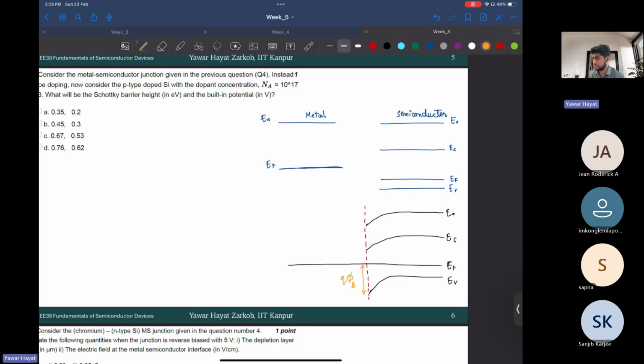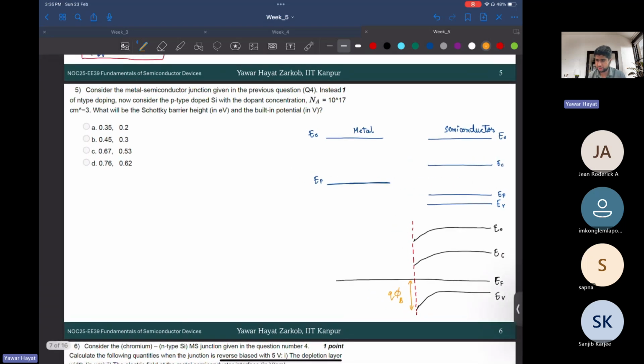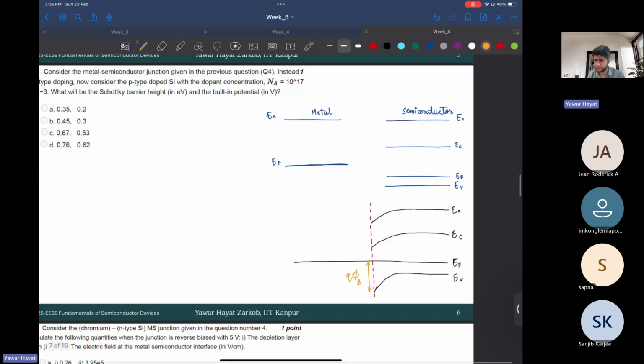What about this qΦBI, the built-in potential? The built-in potential would be this much, EV0 minus EV bulk.